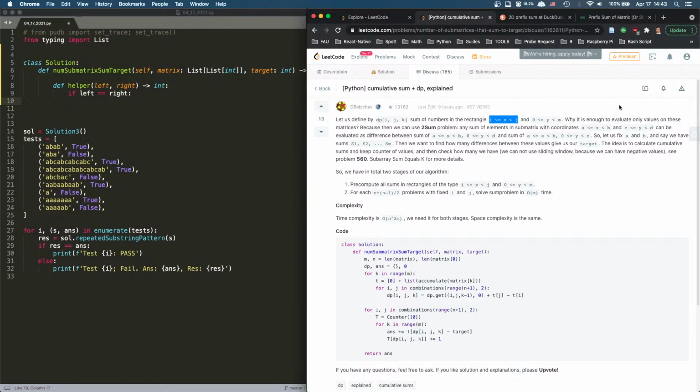Any sum of elements in a submatrix with coordinates can be evaluated as the difference between A and B. I'm trying to figure out what X and Y stand for.